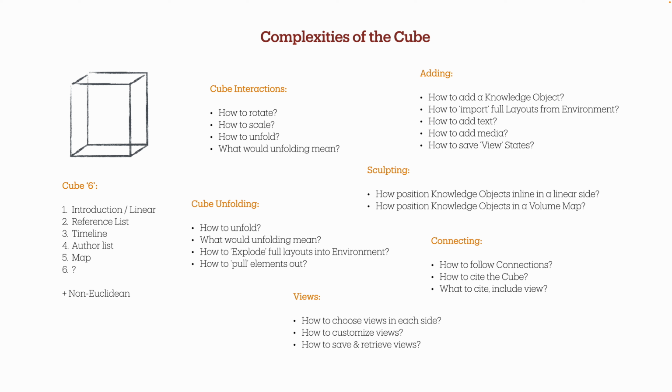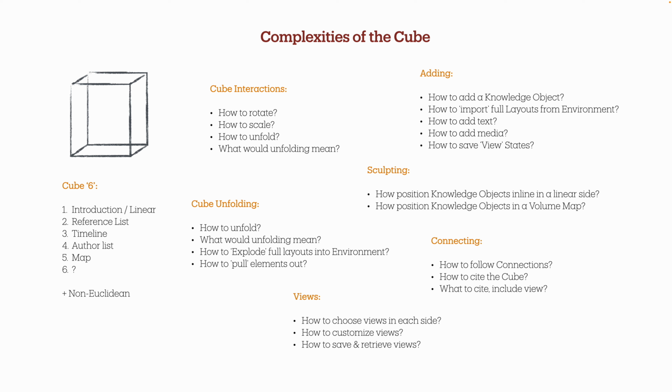Then there's the question of sculpting this, because this is a volume. How do you position objects in the linear kind of introduction side, if we're even going to have that? Is it like a normal word processor moving things? Maybe. And how do you position things in the map of the volume that may be only on one side or maybe all encompassing? We will also equally have issues with connecting.